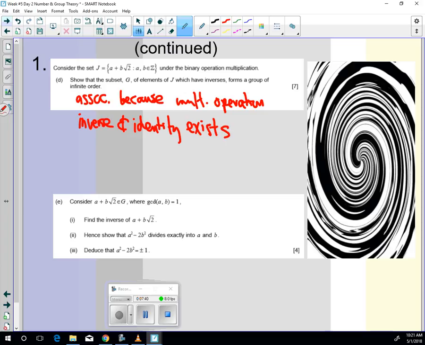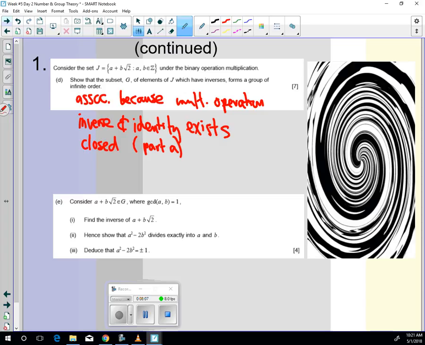And then one more thing we need to do here to show that it's a group. Am I missing something? Oh, we also have to show that it's closed. Closed, and you can look at part A. We showed that.